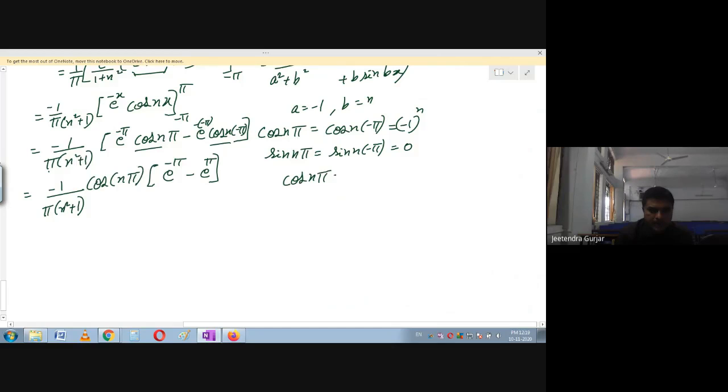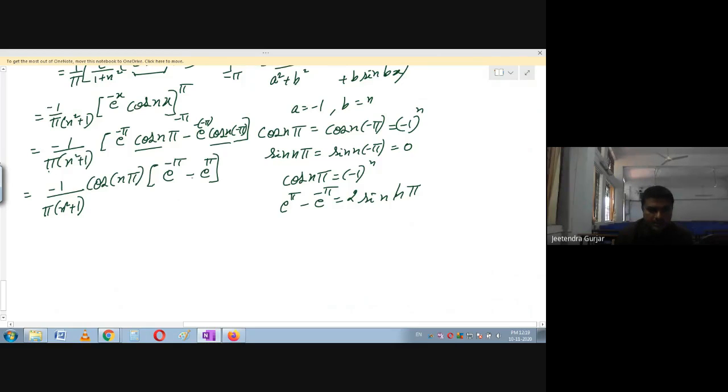Cos n pi is equal to minus 1 raised to n, as well as e raised to pi minus e raised to minus pi will be 2 sinh pi. So please remember these two formulas, very very important students. e raised to pi minus e raised to minus pi is equal to 2 sinh pi.